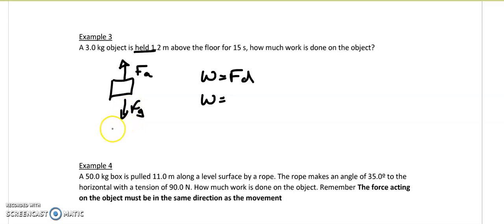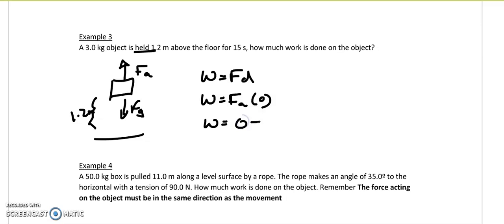It doesn't matter about the location, the fact that this is 1.2 meters above the floor, it's staying there. So yeah, we got this force that's being applied, but the distance is 0, which means the amount of work done is 0 joules. We don't even need to worry about calculating what force that would be.